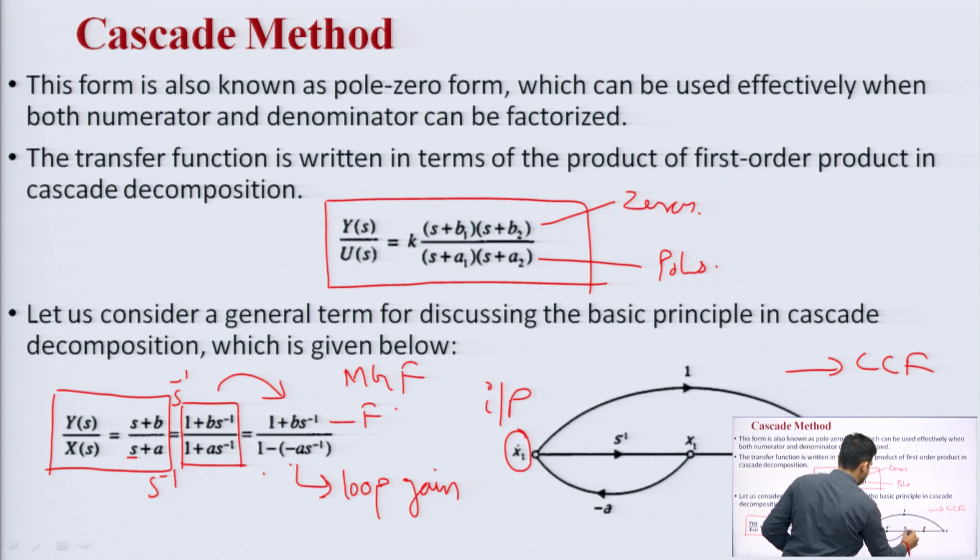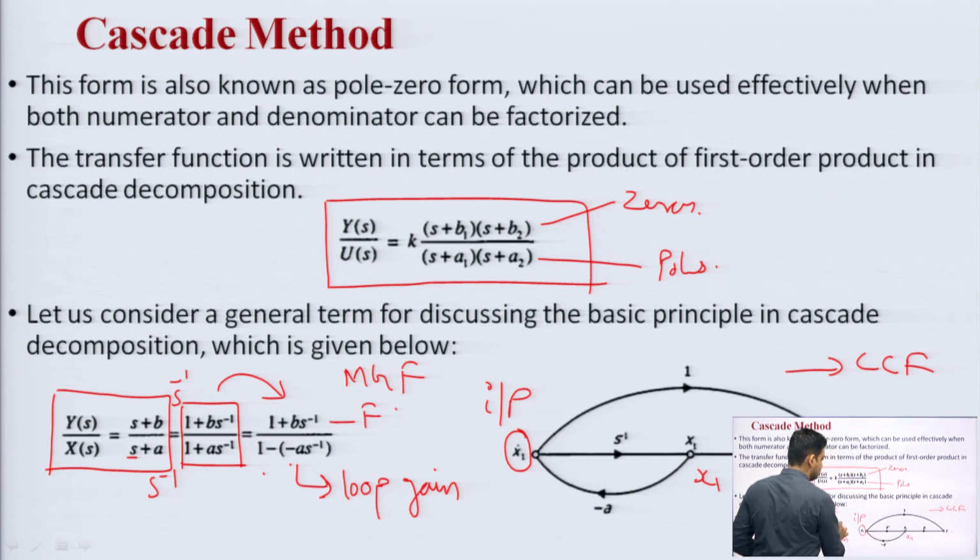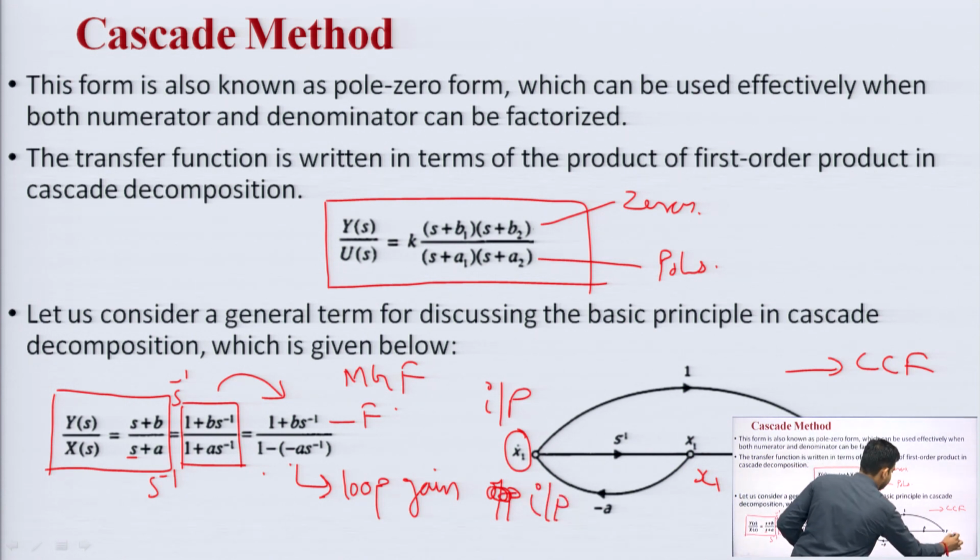The lowest state variable, x 1, will come near the output, and the highest will come near the input. The highest term is here, x 1 only. So, x 1 dot will come near the input, and this x 1 will come near Y, that is the output.